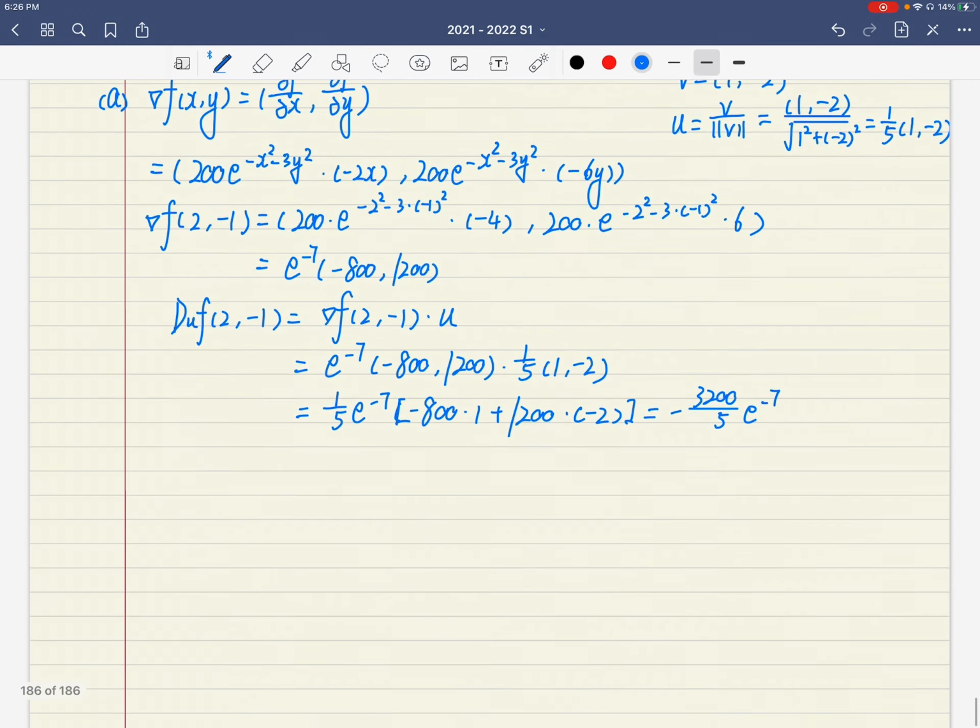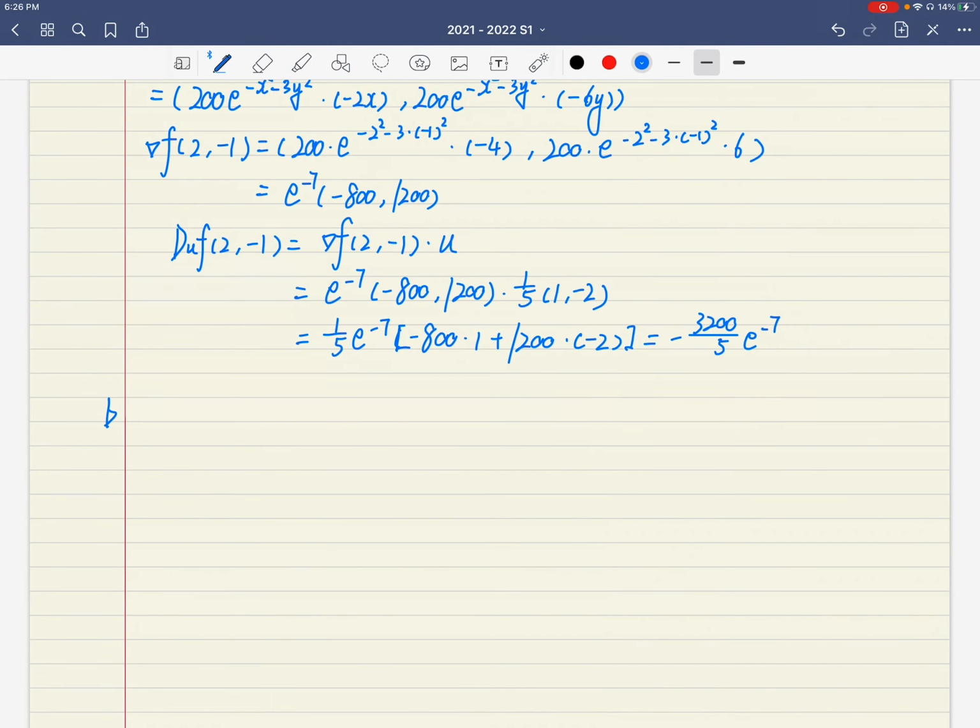Okay. Then part B. In which direction does the temperature increase fastest at the point 2, negative 1? Okay, so let's take a close look at the directional derivative. Let's say the directional derivative at any point. So what is it?